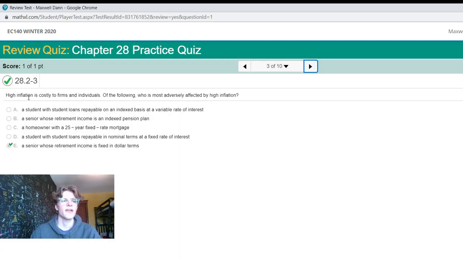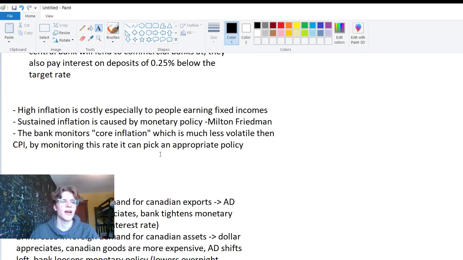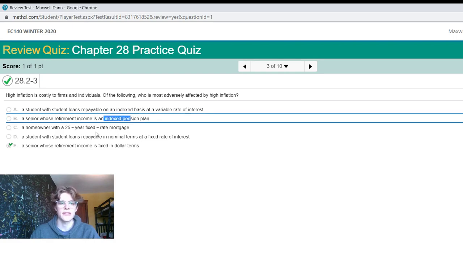Okay. High inflation is costly to firms and individuals. Of the following, who is most adversely affected by high inflation? High inflation is really bad for anyone who is earning a fixed income, right? Because the real value of their income is decreasing every year as prices go up if it's not indexed. So it's going to be most costly to a senior. All of these other ones are indexed, this one's indexed.